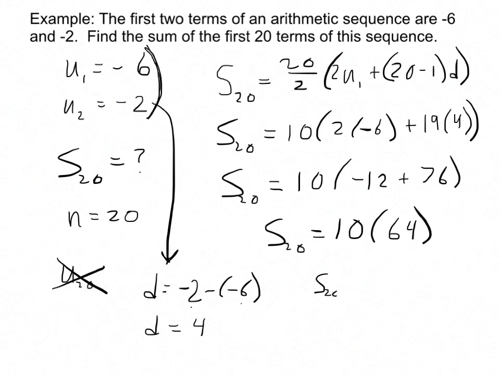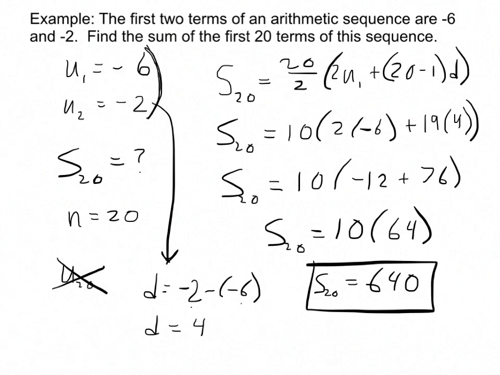So the sum of the first 20 terms is 640. Okay. That problem was maybe less immediately accessible. That was maybe one step up from the previous problem, but I would still consider both these problems to be quite easy problems. The problems that I'm going to get into in the third video in our sequence here are not impossibly hard, but definitely require a little bit more thought and a little bit more working.